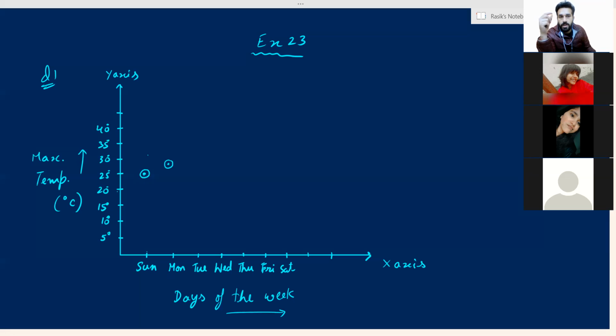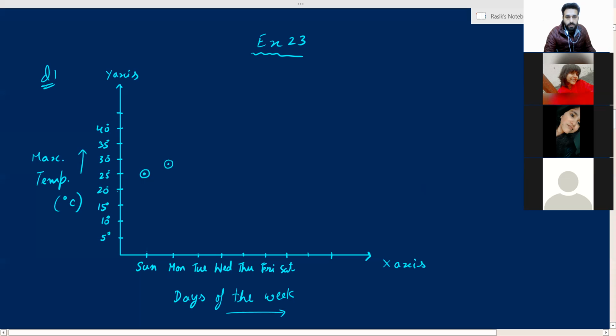Each big division is 5 degrees, and that means 10 small divisions are equal to 5 degrees. So 1 degree is equal to 2 small divisions. So if you go above 25, you will find the sixth line, and that will be your 28 degrees.